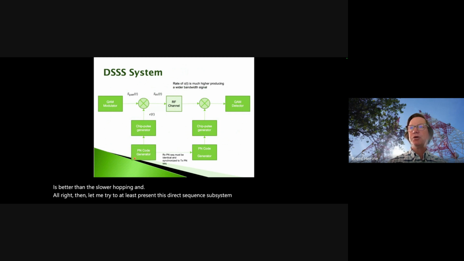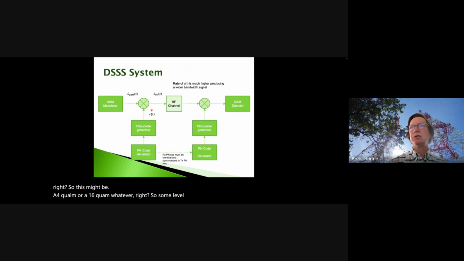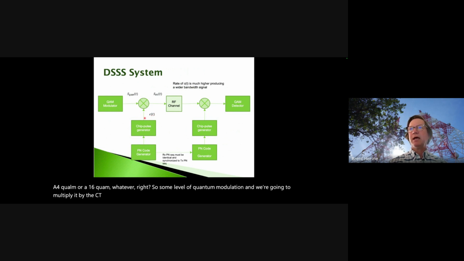Then let me at least present this direct sequence subsystem. Here we have a pseudo noise code generator, pseudo random, pseudo noise, and it's going to generate this c of t, the chip pulse generator. We take maybe a QAM type modulation, so this might be 4-QAM or 16-QAM, some level of QAM modulation, and we multiply it by c(t), where we're evolving chips much faster than the symbol rate.